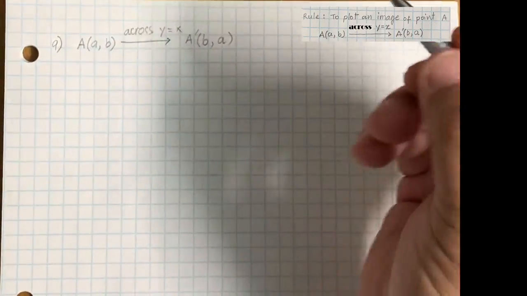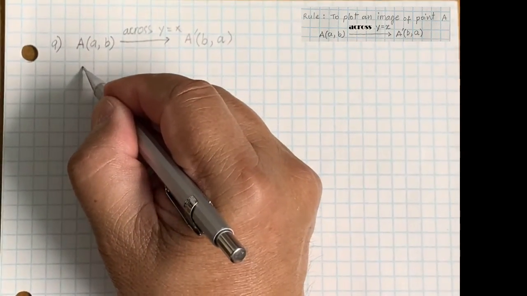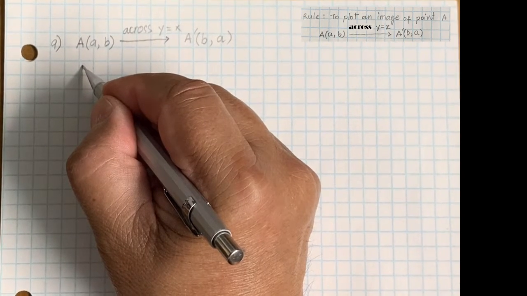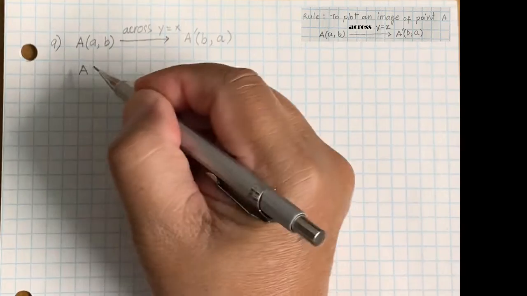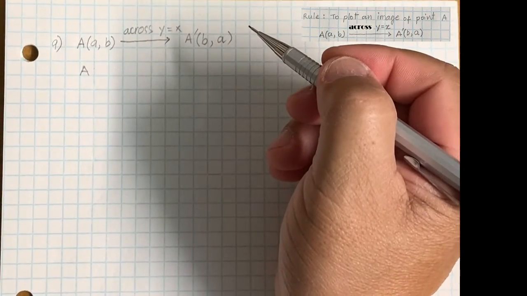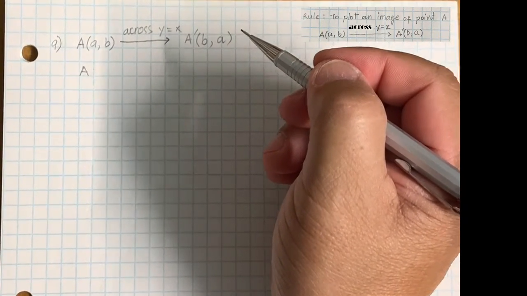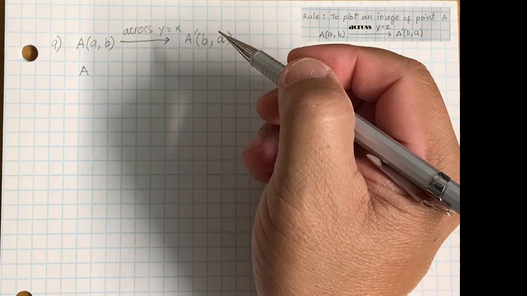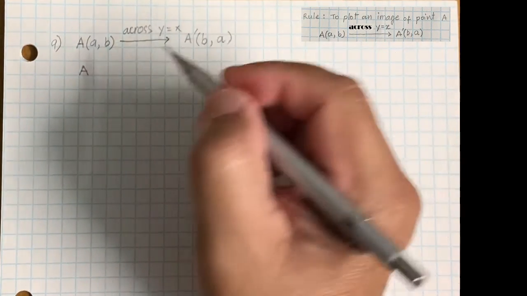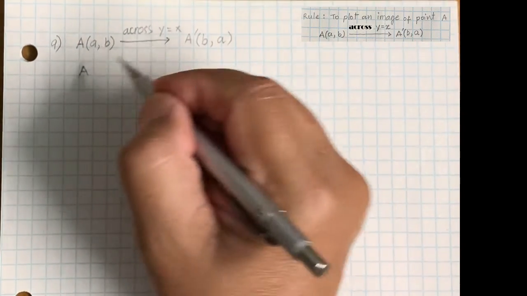Now, because A is the same as A prime, that's what the problem says. The same endpoints. So guess what?